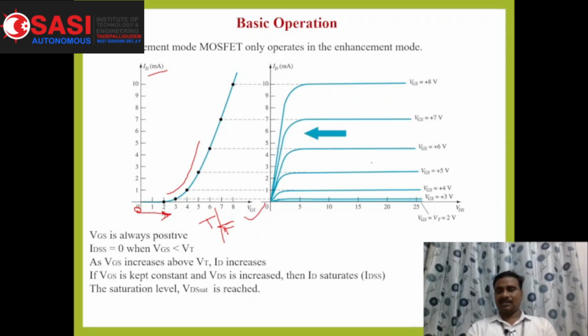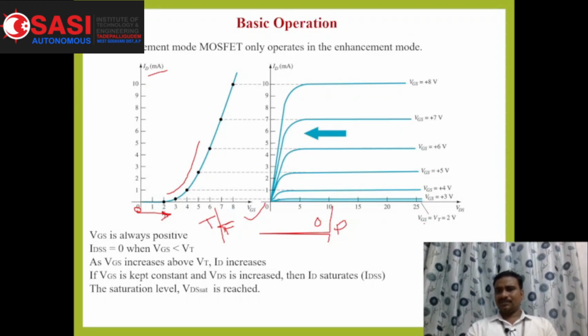The corresponding output characteristics can also be observed here. This is similar to our D MOSFET. It has three regions: cutoff region, ohmic region and saturation region.